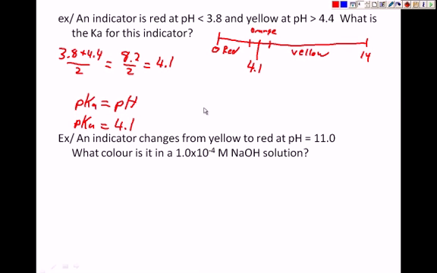So we can go 10 to the minus 4.1, and that's going to equal our Ka. I've done this one already. So our Ka equals, again, this is one significant figure, 8 times 10 to the minus 5, and that's the Ka of our indicator.